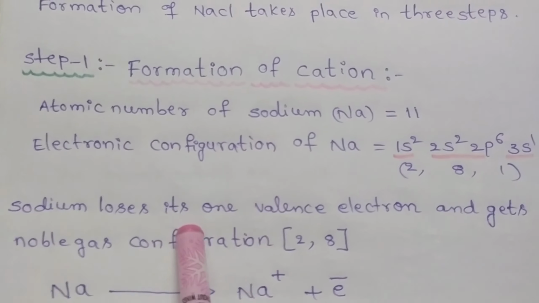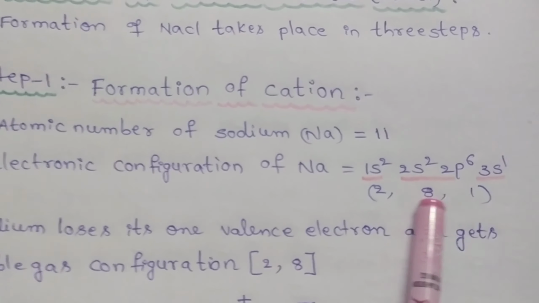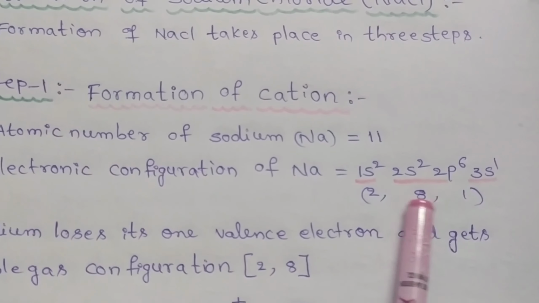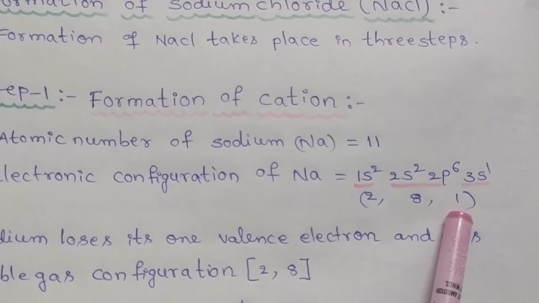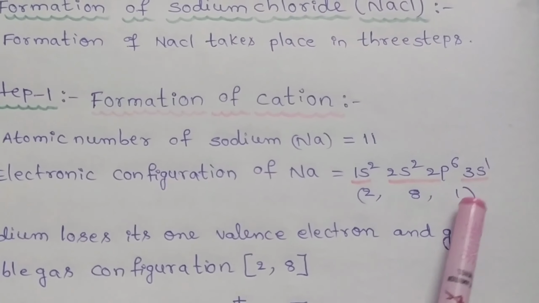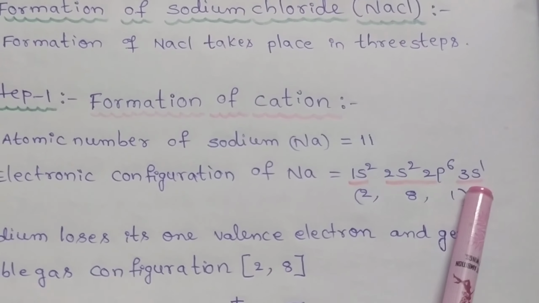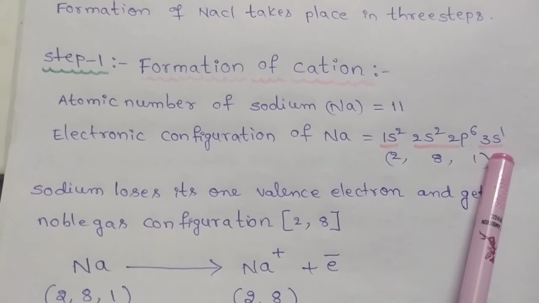The sodium atom, in order to get an octet, that means 8 electrons in its valency shell, loses 1 electron, that is the electron present in the third orbit in the s orbital.